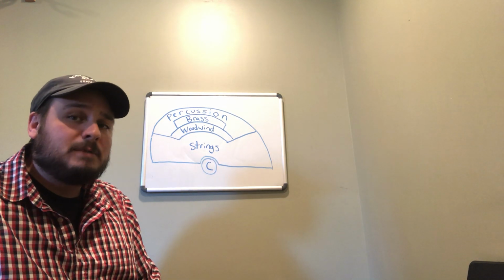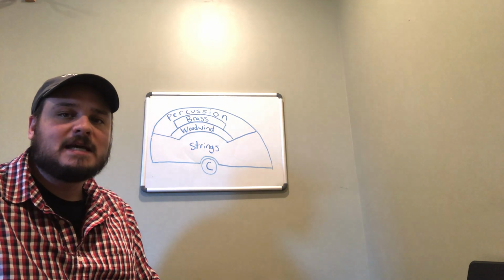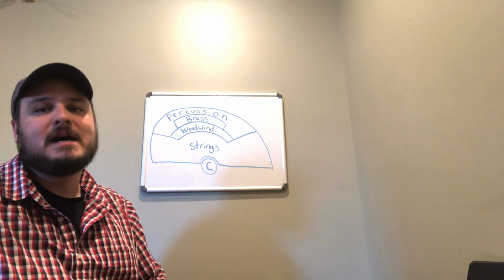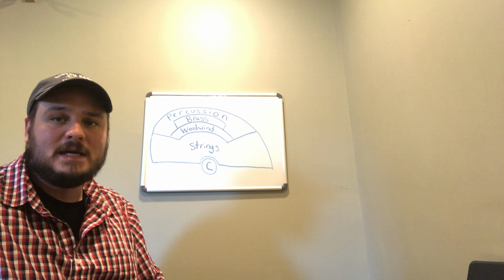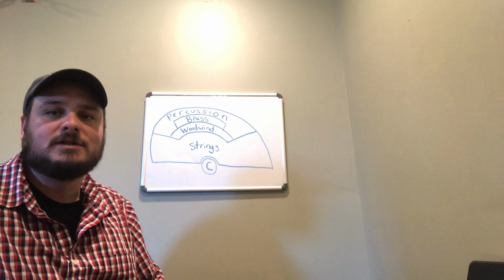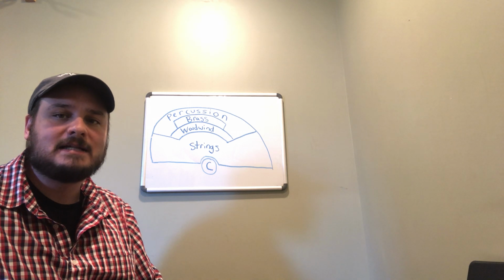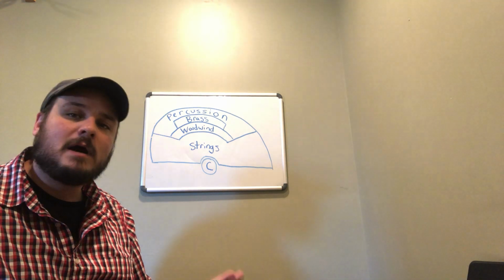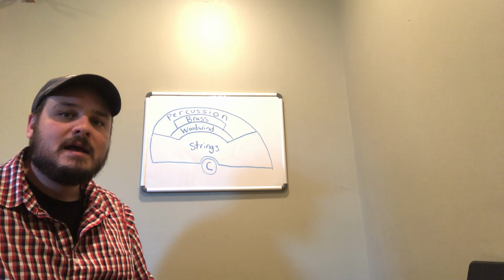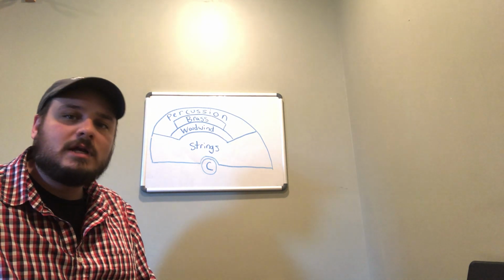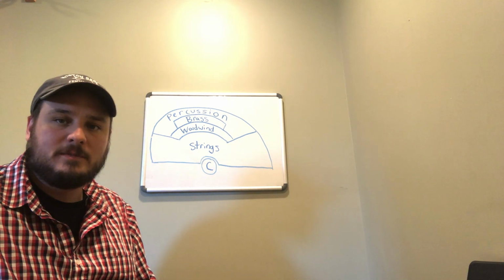I talked about a bunch of different percussion instruments last week, but we didn't try to put a number on it, and we definitely did not exhaustively list all of them because it's just really not doable. There's too many instruments. We said one thing that sets the percussion group apart from the rest of the orchestra is that the players in that section aren't usually going to be tied to one instrument.